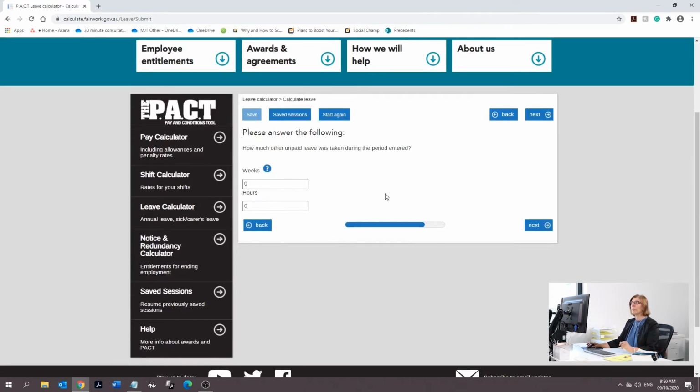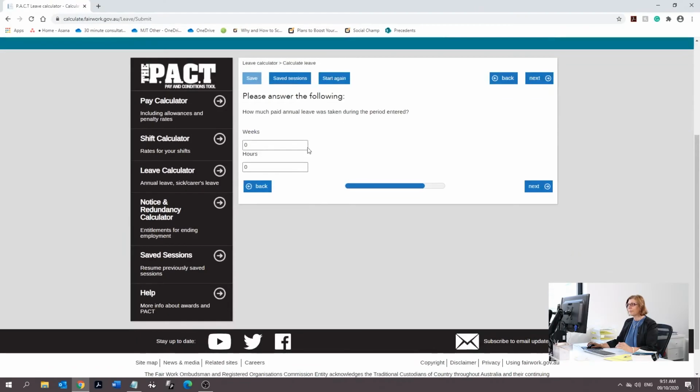Other unpaid leave could be, for instance, if you took lots and lots of sick leave, used up all your sick leave and now you're on unpaid leave. That could be a period of leave during which you haven't accumulated annual leave. Again, we're going to assume that you've said no and we're just going to press next.